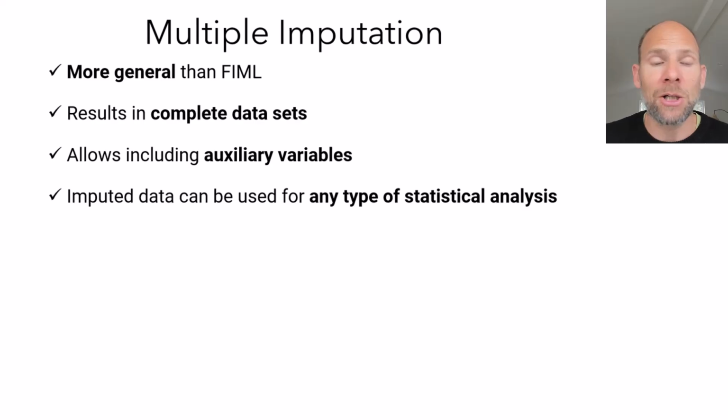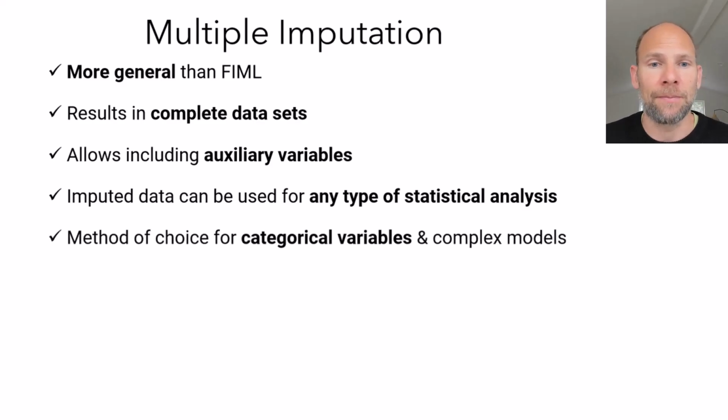As I already mentioned, imputed data sets, once they are obtained, can be used for any type of statistical analysis, not just analyses that can be done with maximum likelihood estimation. That may be an advantage if you have a wide array of methods that you want to use, not all of which may be doable using maximum likelihood estimation.